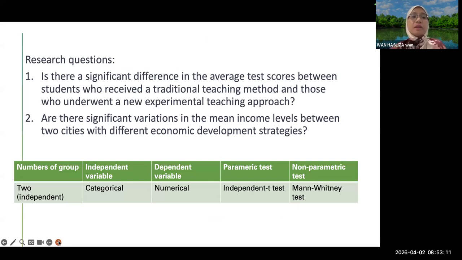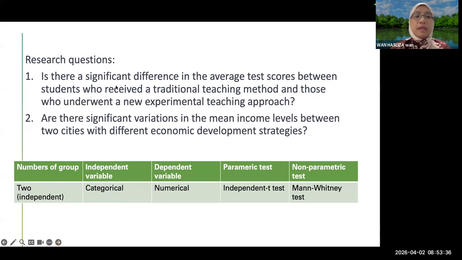Okay. So there is a question. Is there a significant difference in the average test score between students who receive a traditional teaching method and those who underwent a new experimental teaching method? First, you have to know which one is the independent variable, which one is the dependent variable.